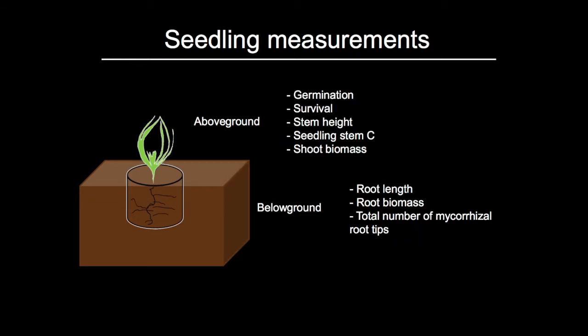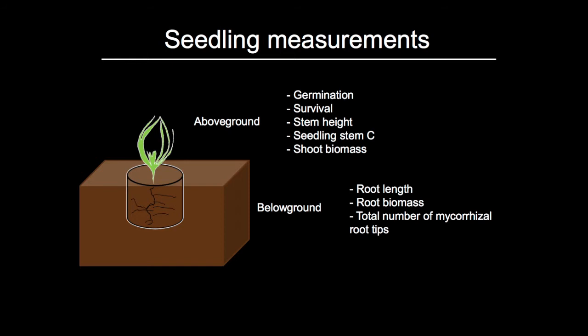For the above ground, that will be germination, survival, stem height, seedling stem C, which is a proxy for plant water use, and shoot biomass. For below ground measures, there will be root length, root biomass, and total number of mycorrhizal root tips.